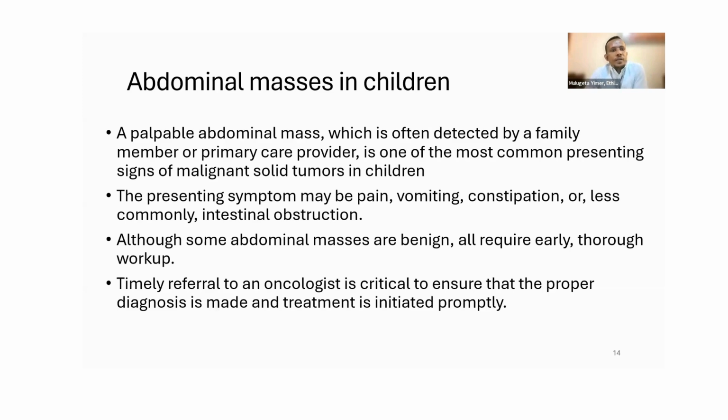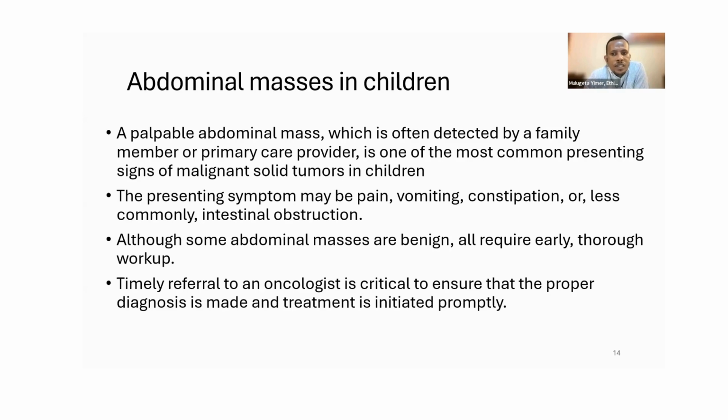Mostly abdominal masses are detected by family members while they're bathing them or changing clothes or diapers. A primary caregiver sometimes can pick them up on a general physical examination, or it can be detected when it is huge enough to be seen.